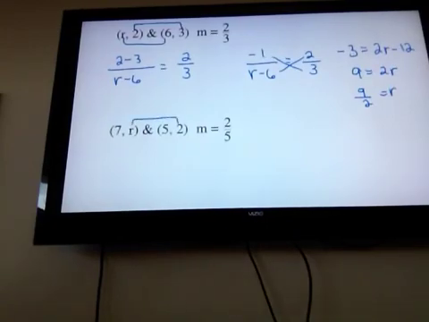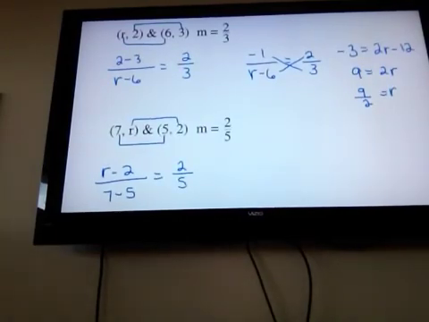Y minus y, so r minus 2 over 7 minus 5, x minus x, equals 2/5. So my 7 minus 5 is 2, equals 2/5.